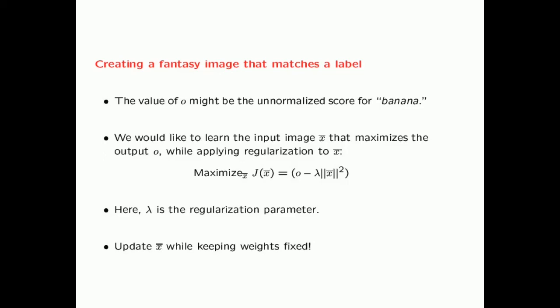Again, you can perform backpropagation to compute the gradient of this output with respect to each pixel, and then you can use those gradients to update X while keeping the weights fixed. This is a very unusual way of using backpropagation. You aren't training the weights. You're holding the weights fixed, but you are updating the inputs. You're trying to find out which image is most likely to light up this particular type of output.